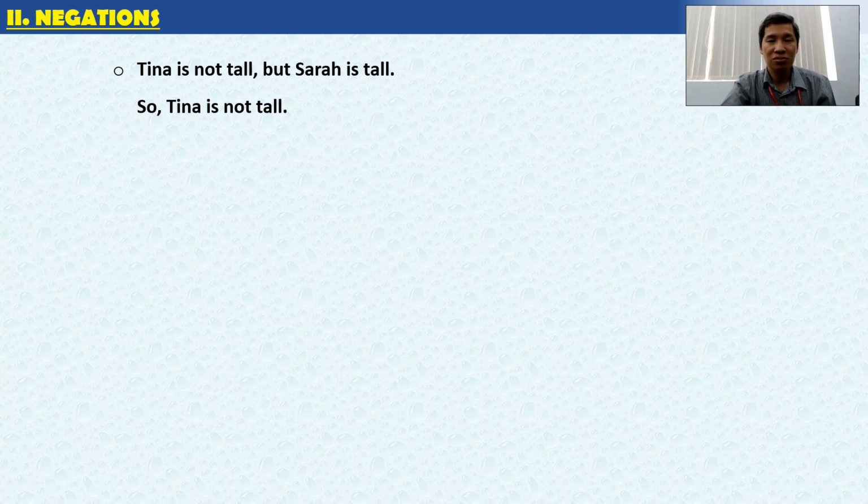But it is not necessary to get confused. We can just look at the evidence to be very clear. Now let's see. Tina is tall is P. Now Tina is not tall, it's going to be not P, and Q. And the conclusion is not P. What do you think? Valid?